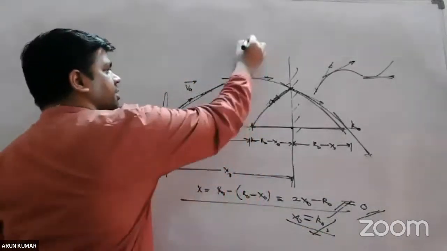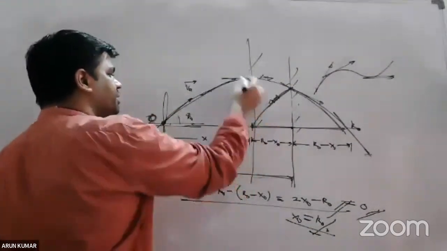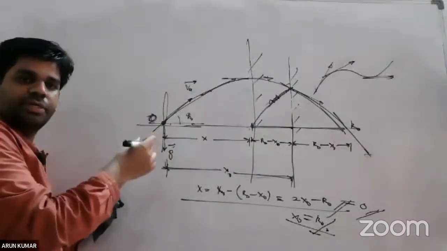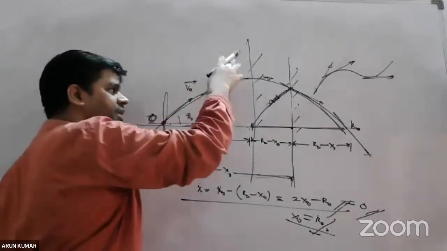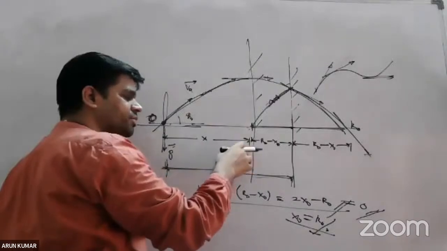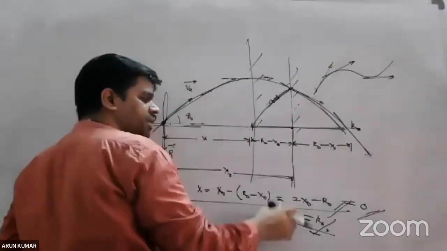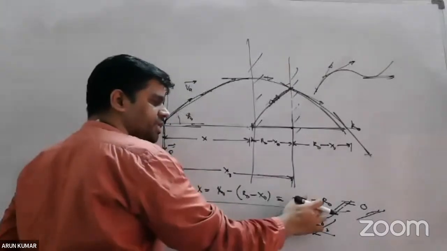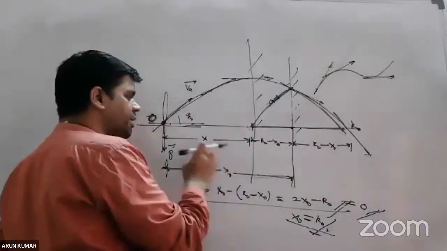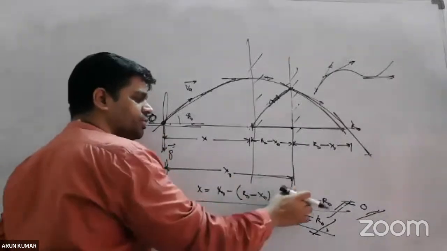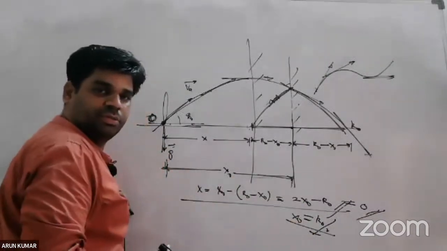That's what we got initially. Now if the wall is at r naught by 2, it comes back to its origin. Earlier we only analyzed r naught by 2, but now I'm doing it for the general case. For a wall anywhere, the particle lands at 2x naught minus r naught. But if I want it to come back to x equal to 0, I'll equate this to 0 and get x naught equal to r naught by 2.